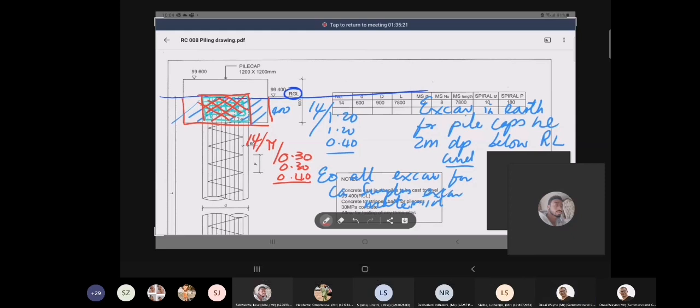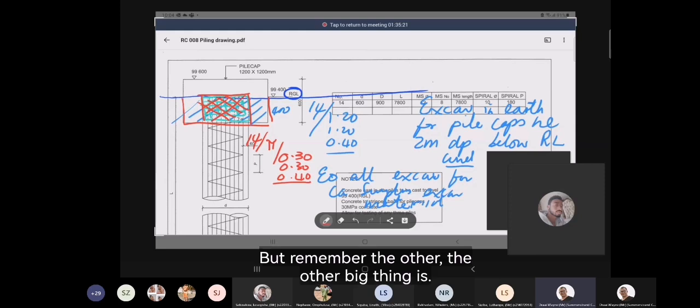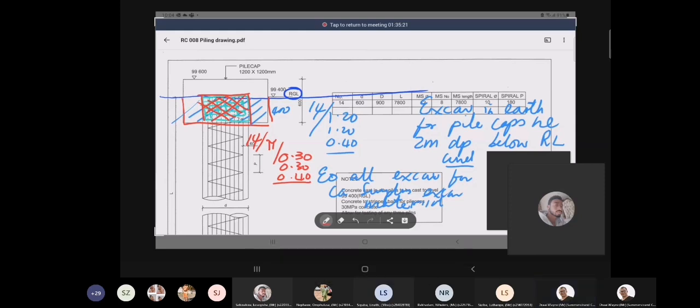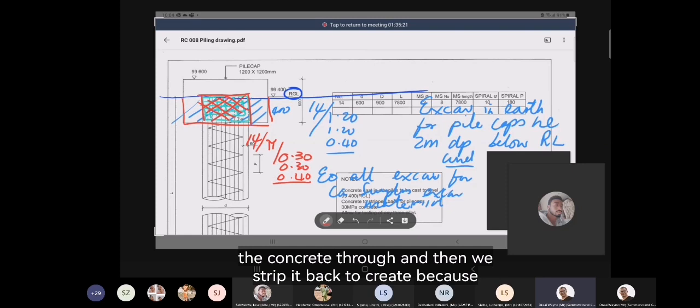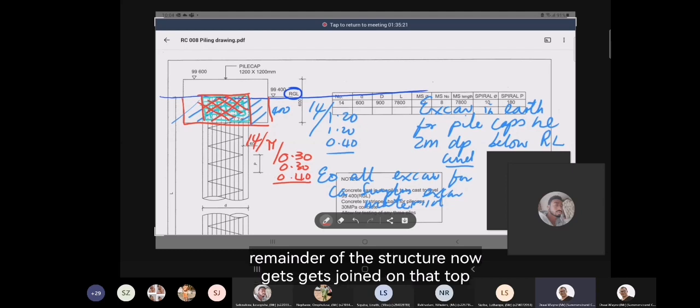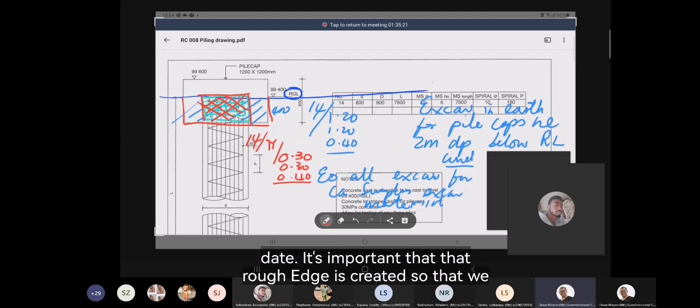But remember, the other big thing is that when we measure, and this is how piles are done, we measure the concrete through, and then we strip it back, because there is a bond on that steel, and where the remainder of the structure now gets joined on that top there.